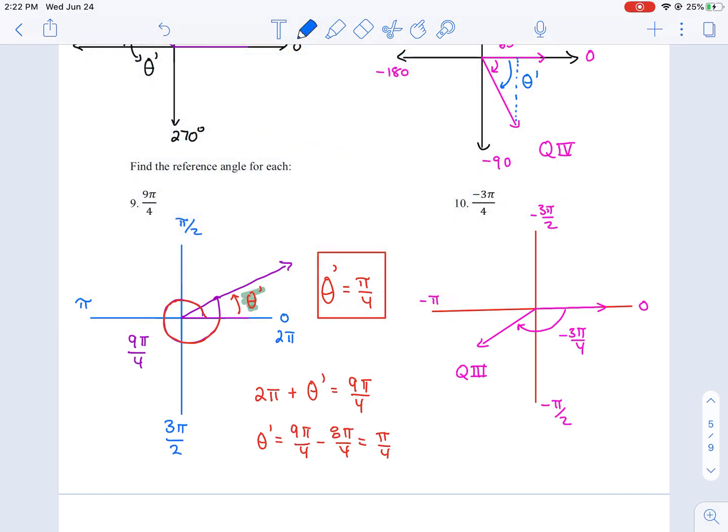So I'm going to draw a line from the terminal side to the x-axis. So the reference angle is going to be right there. And how do we find that reference angle?